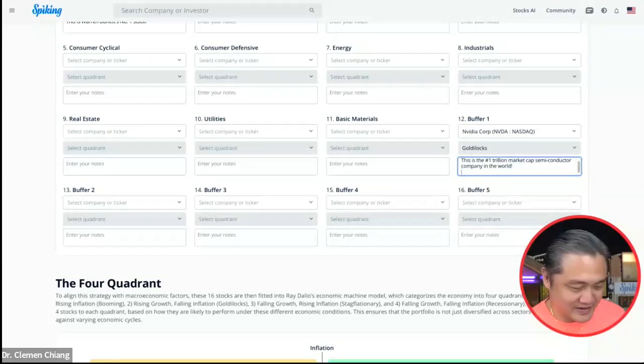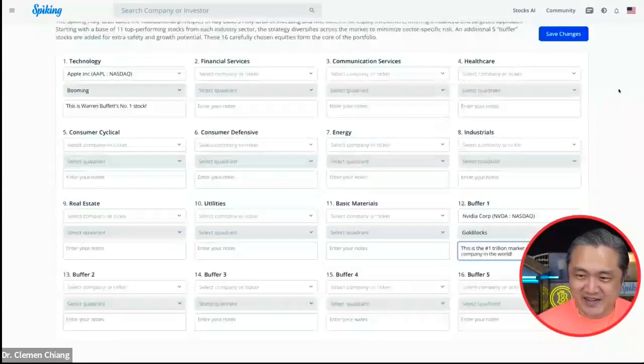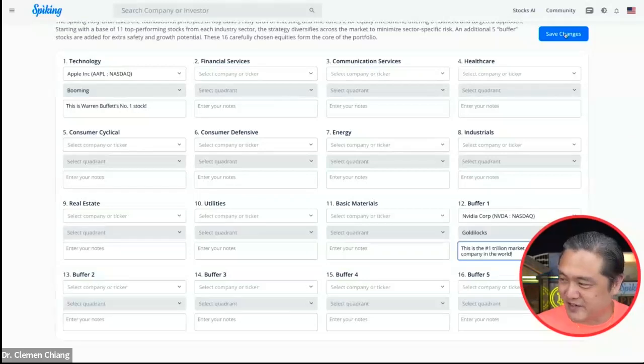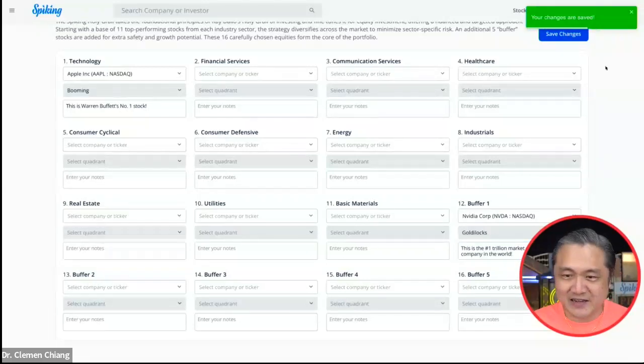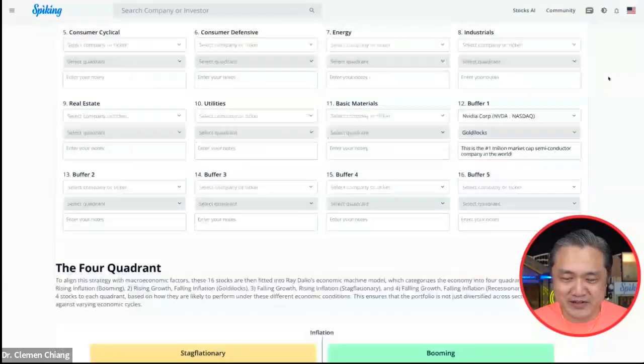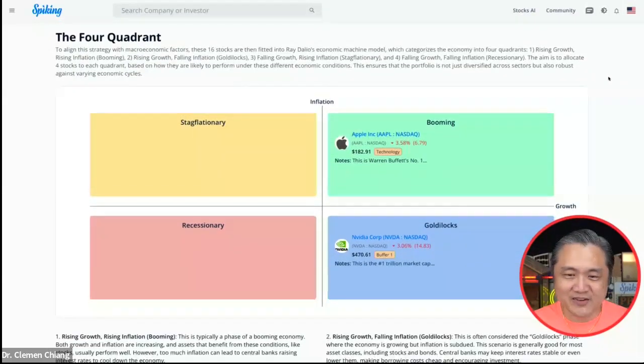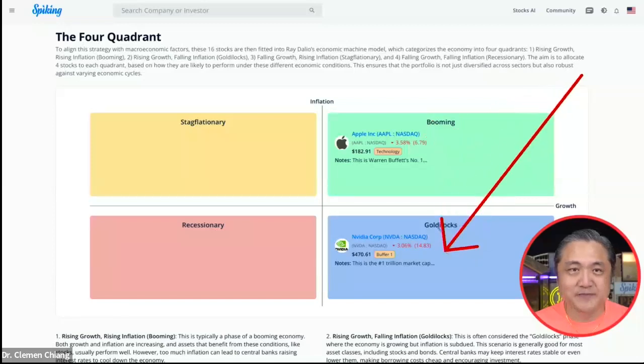Right? So I type my reasons, go up there, remember, click on save changes, bang, I save it, and then I scroll down, and there you go. It enters nicely into the quadrant here.